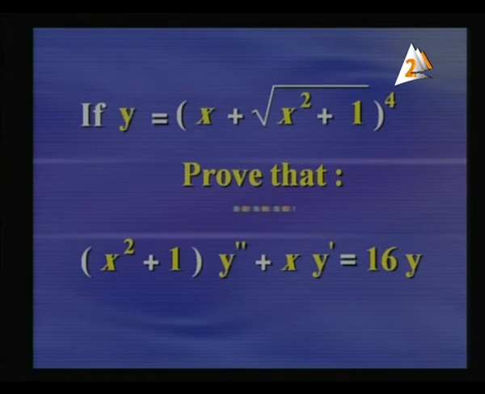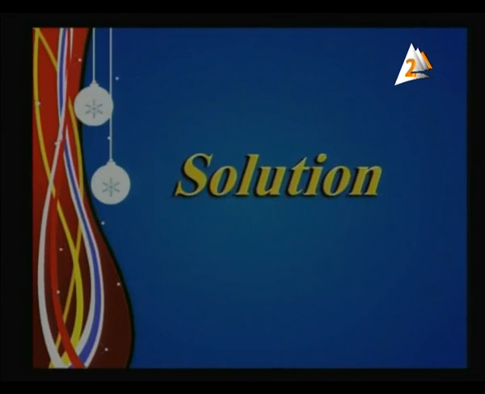This example is very important. y equals (x plus square root of x squared plus 1)^4. What do you prove? That (x squared plus 1) y double dash plus x y dash equals 16y. Look at the solution.